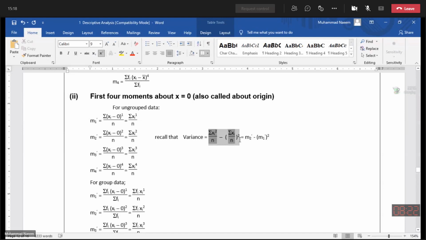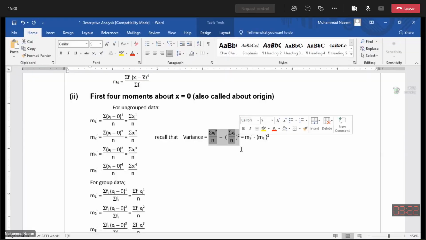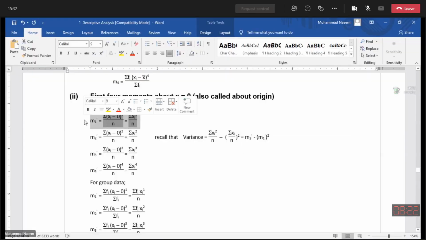This one is the definition, exactly the definition of the variance, but this one is an alternative formula. And also look at the first moment about origin. That is just the definition of the mean value. Sigma x over n, that is the mean value.